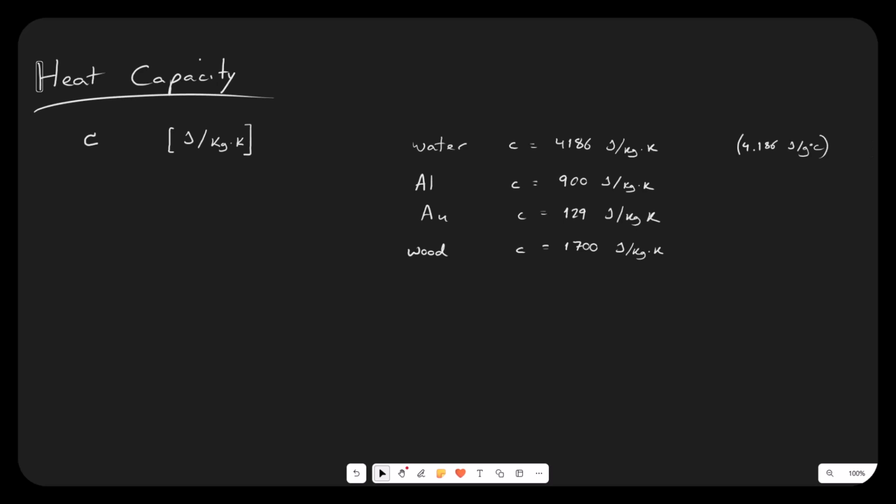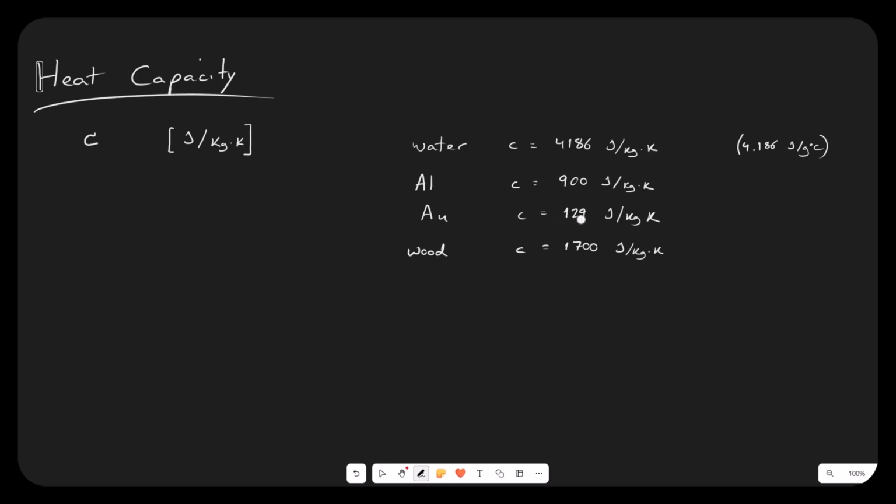So when we have this heat capacity for water being 4,000 joules per kilogram Kelvin, that's a lot. It's a big number. What this means is that if I have 1 kilogram of water, it's going to take 4,000 joules to heat that up by 1 Kelvin.